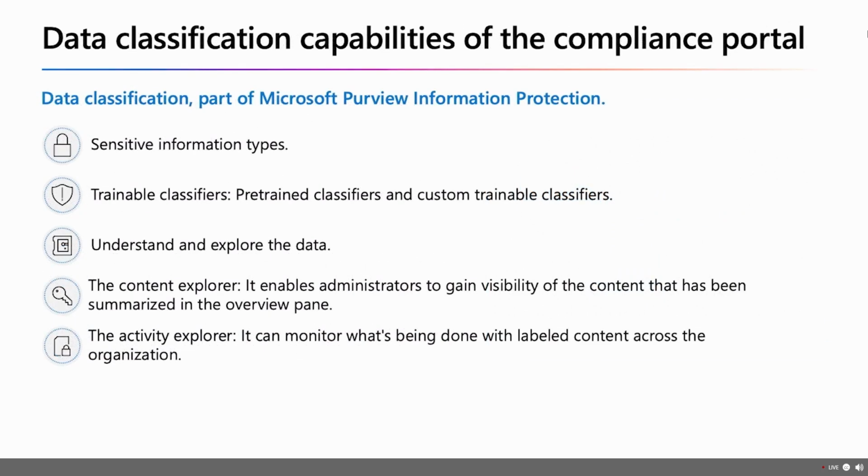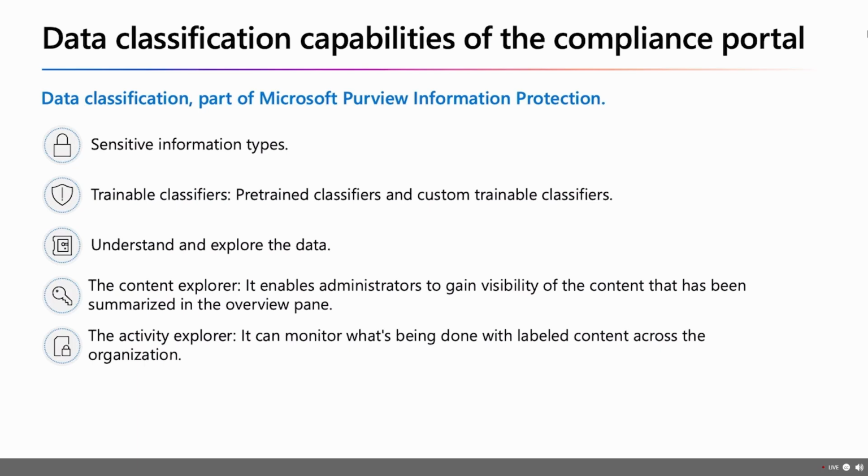We have already had the opportunity to take a look at the Microsoft Purview Compliance Portal when it comes to the different compliance standards that your organization may need to adhere to. But we also have a tool that can help you classify your data. If you wanted to protect any kind of sensitive data like credit card numbers, bank account numbers, or let's say social security numbers, all of these have a specific pattern.